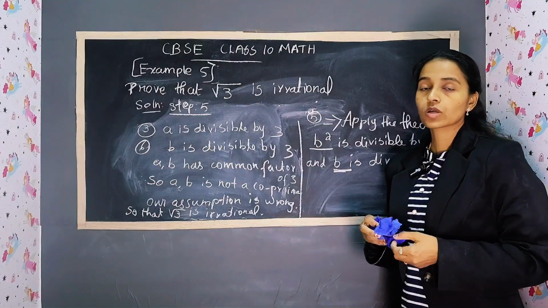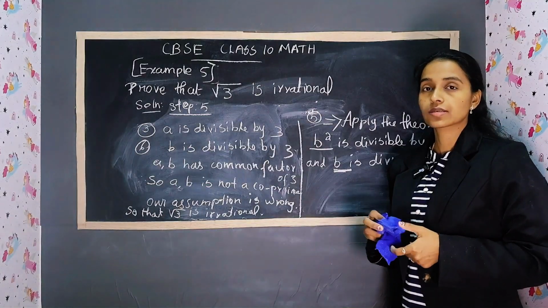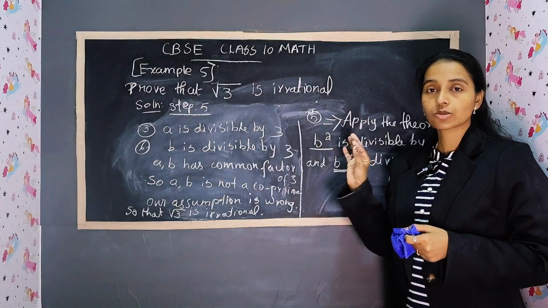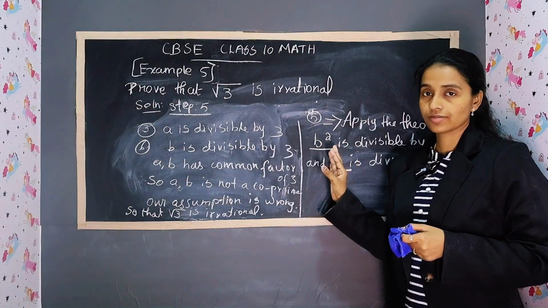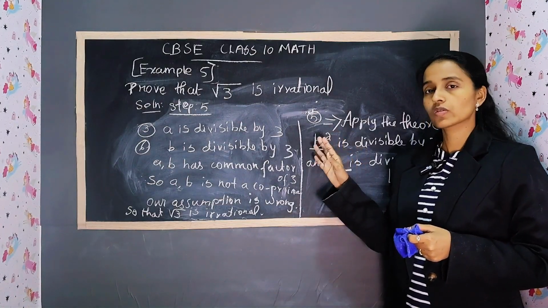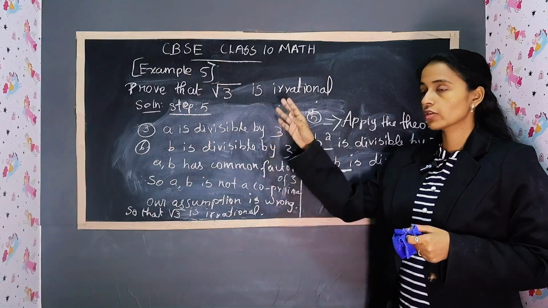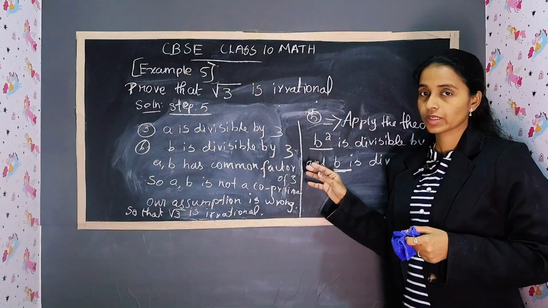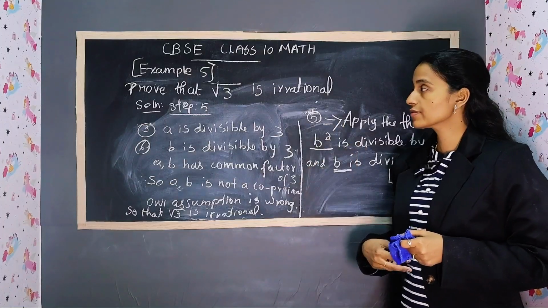In exercise 1.2, the first problem is: prove that square root of 5 is irrational. You can follow the same steps and you'll be able to find the solution. You can do it yourself.